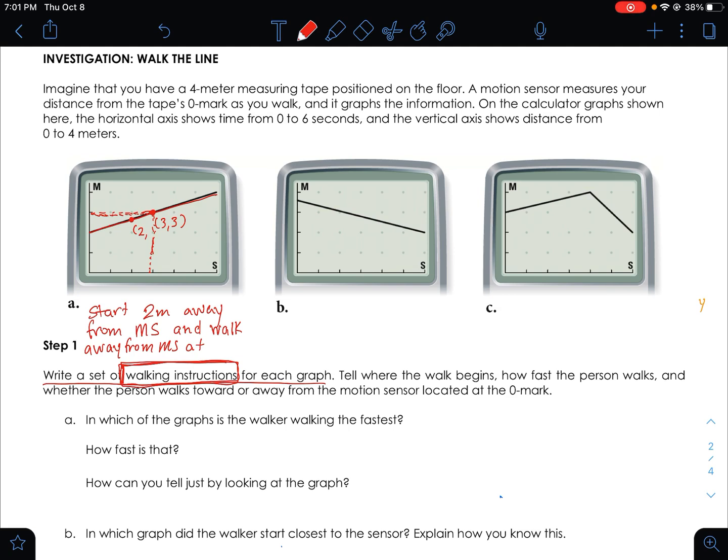So he went up 1 meter, and that took him 3 seconds. So he's traveling at a speed of 1 meter per 3 seconds. Okay, so our rule: start 2 meters away from the motion sensor and walk away from the motion sensor at a speed of 1 meter per 3 seconds. And we would do this for 6 seconds.